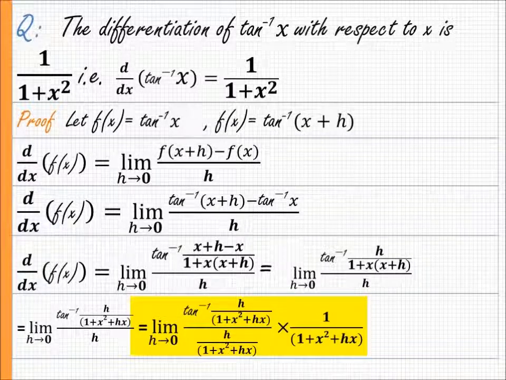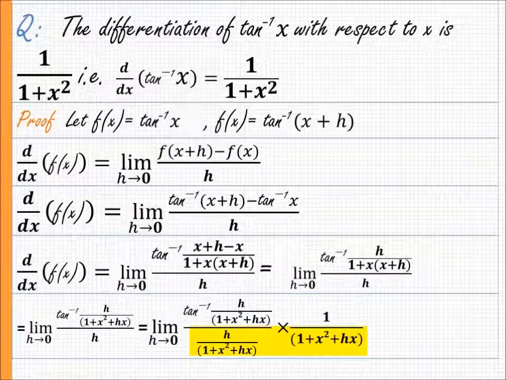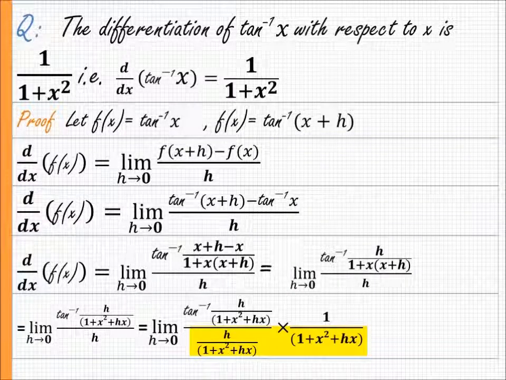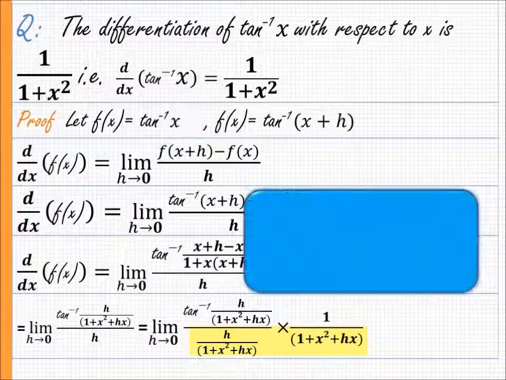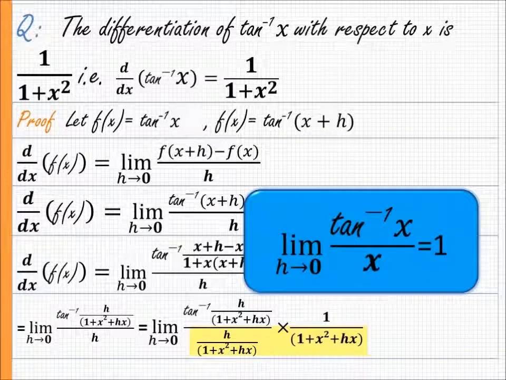And why have we multiplied and divided by 1 plus x square plus hx? Because we wanted to have the denominator in the form of h upon 1 plus x square plus hx. And why so? Because we know it very well that limit h approaches 0, tan inverse x upon x is equal to 1, and we wanted to write it in that form.